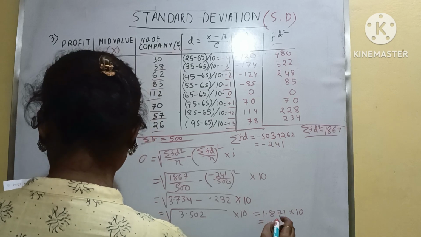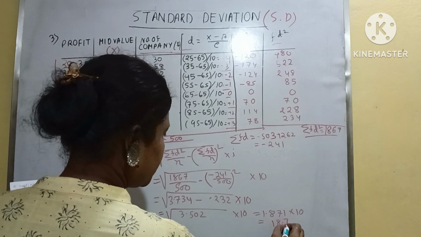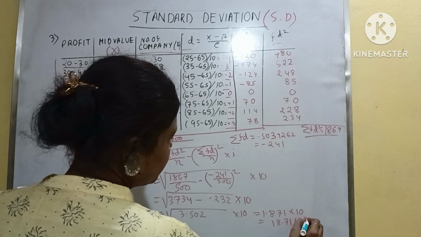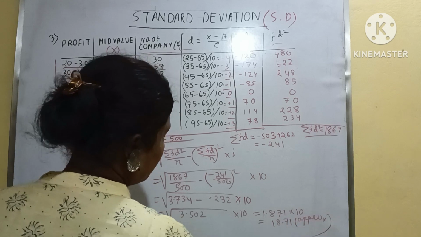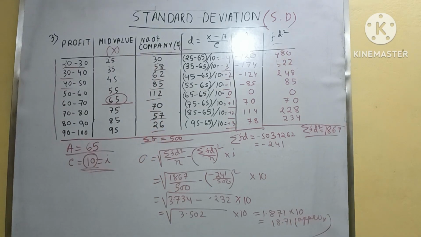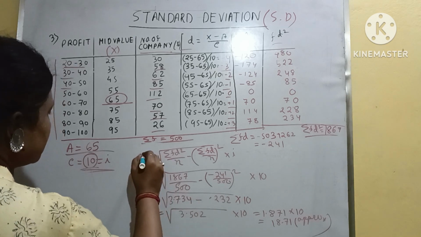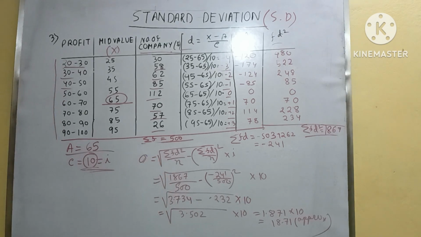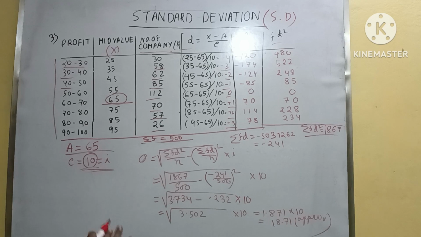So the value is 18.71 approx. So this is the SD value or sigma value. Here we just learned how to calculate the SD value in case ranges are there, not proper X values. This is the process.